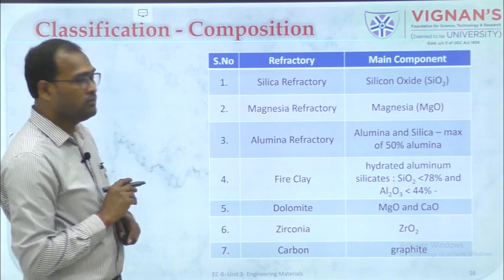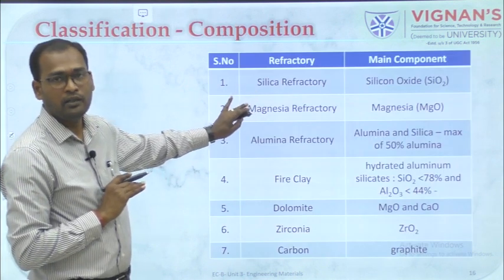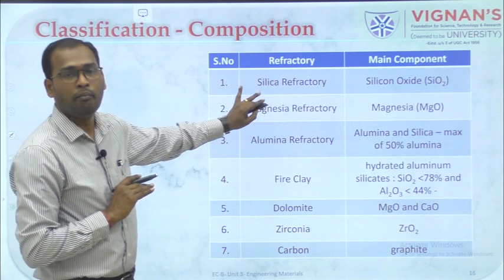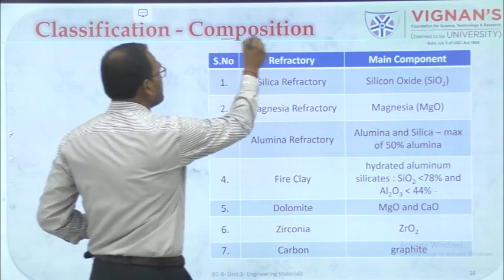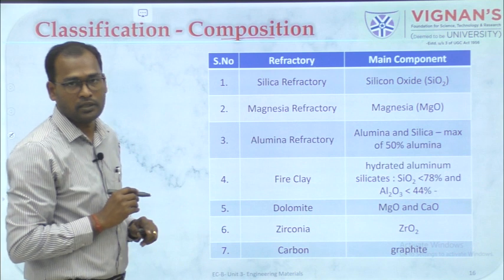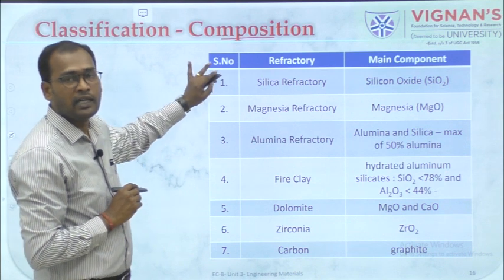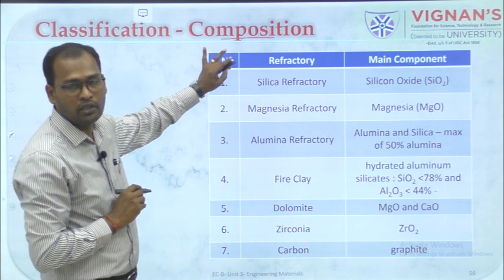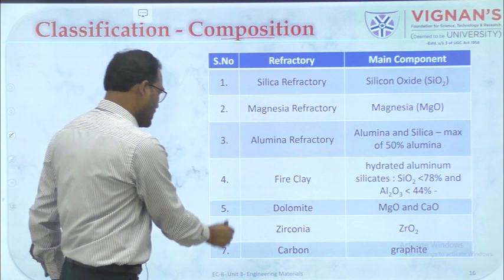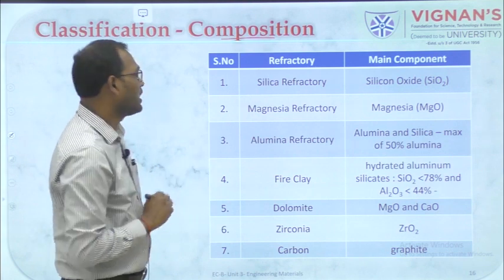Right, first one. This is a table showing the classification based on composition or the components. There are 7 here, and 2 in the next slide.